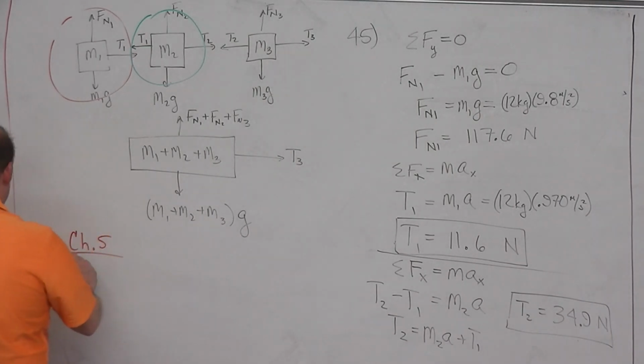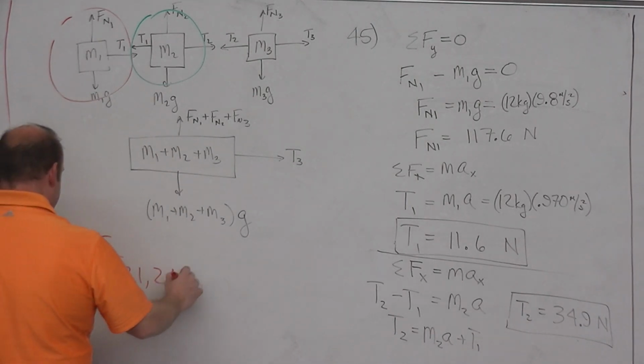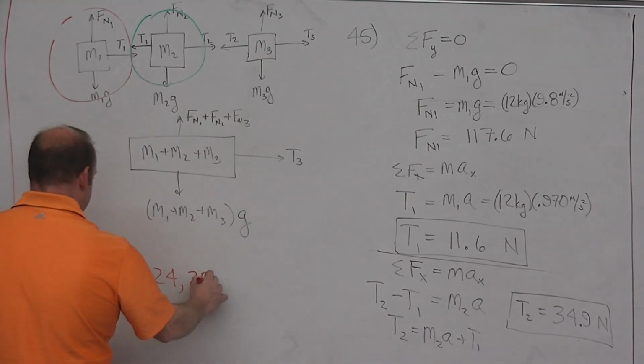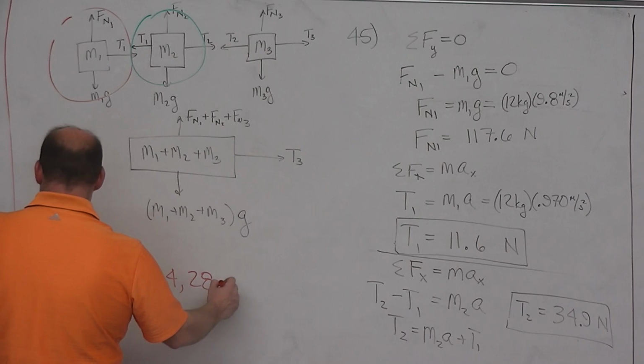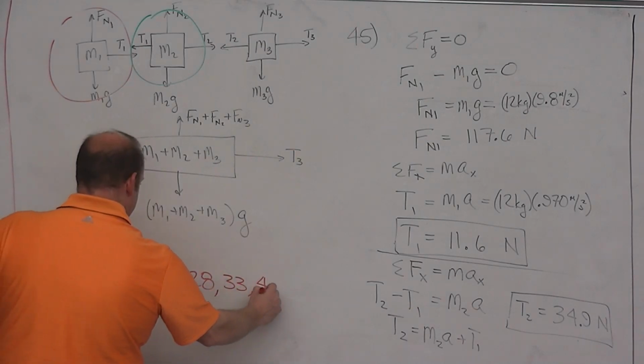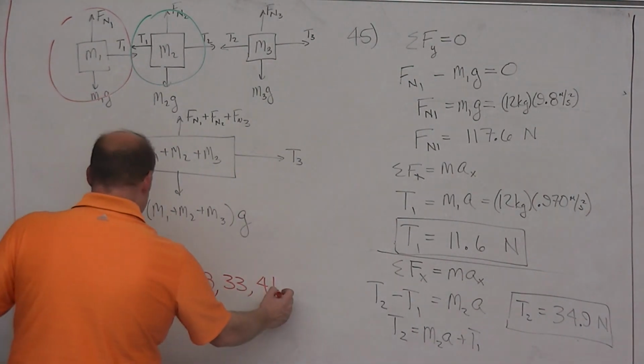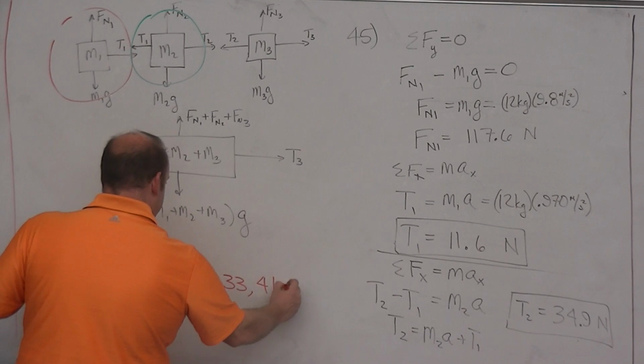Okay, I've got 11, 18, 21, 24, 28. This is in the problem section. 35, 33, 41, 42.